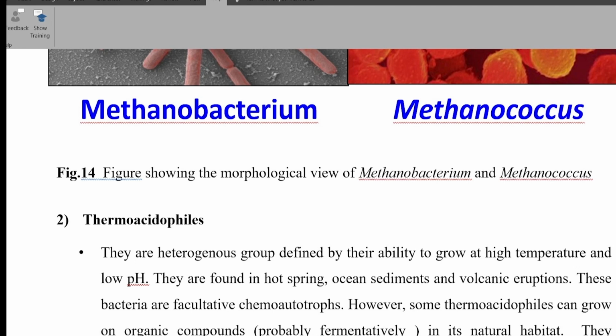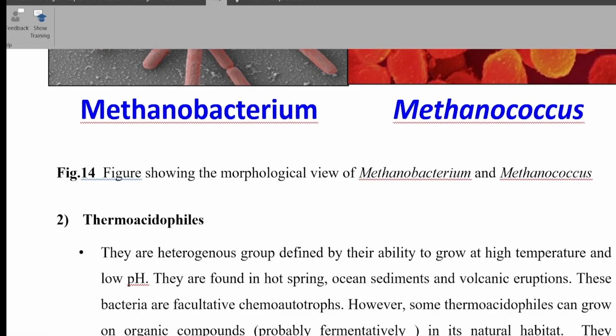So they are found in hot springs, ocean sediments, and volcanic eruptions. You can imagine the scene of a hot spring or volcanic eruption: there is a very low pH and very high temperature, and these bacteria survive there.